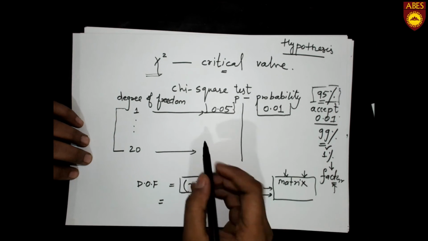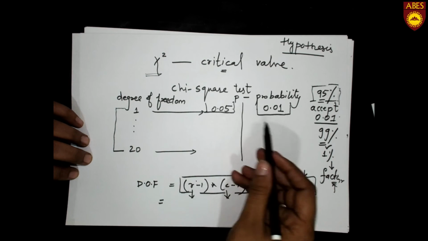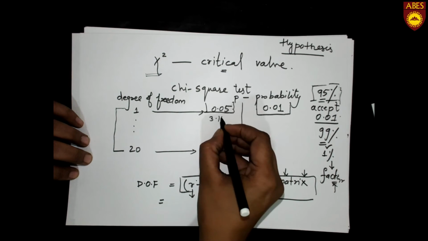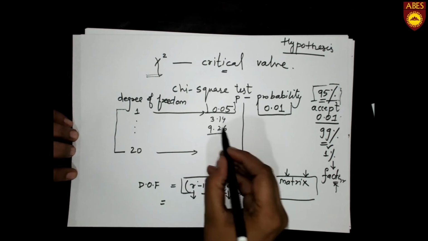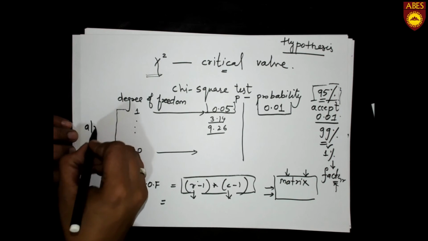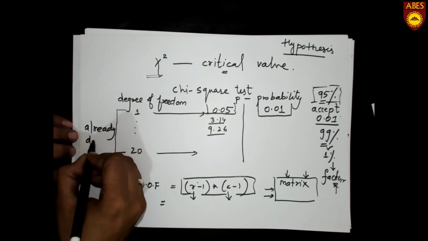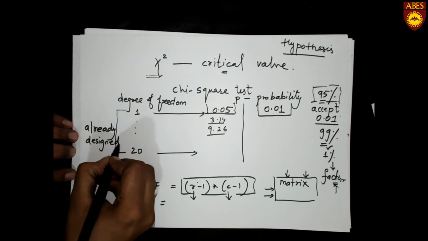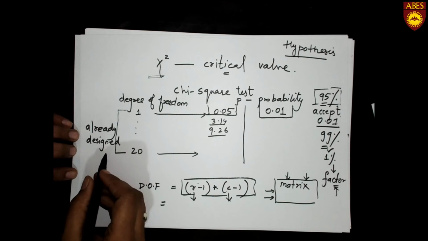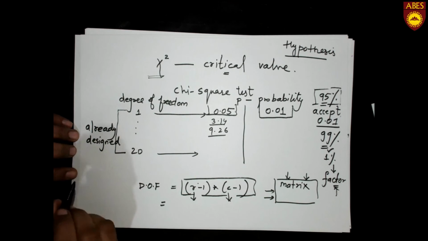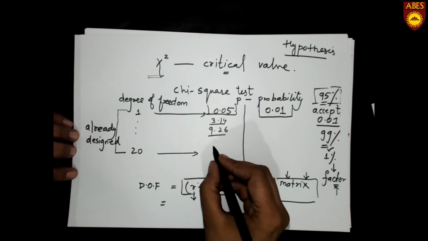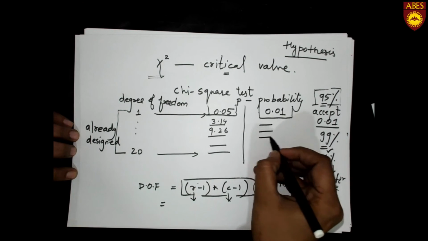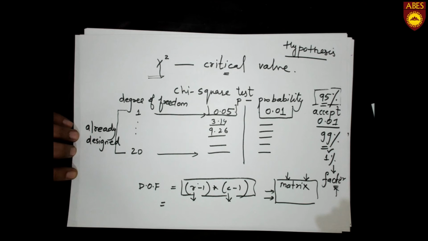Now we have different critical values for each and every column. For example, we start with 3.14, 9.26 and so on. I'm taking random values because this table is already designed by our statisticians. When I'm solving this particular problem for the chi-square test, I'm going to follow only this table for my critical values. These different values are called critical values.